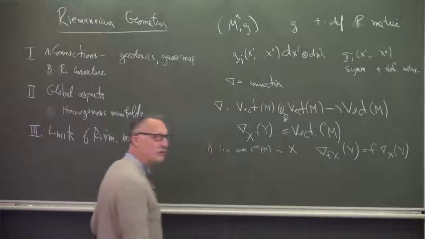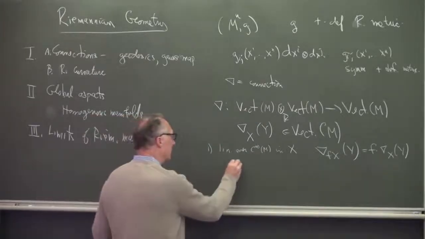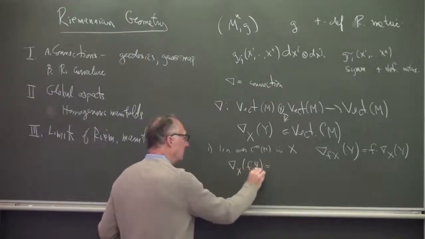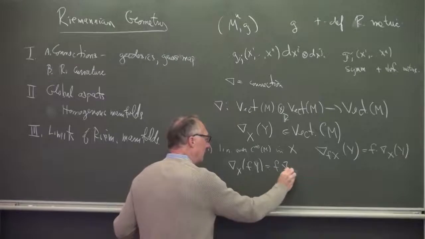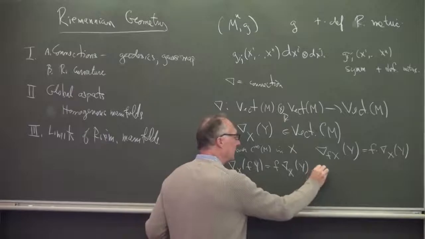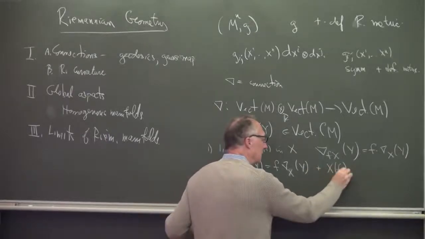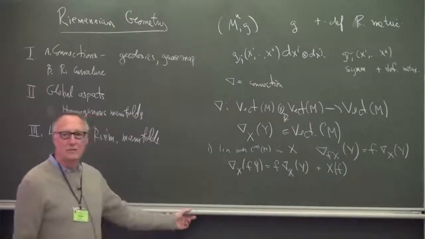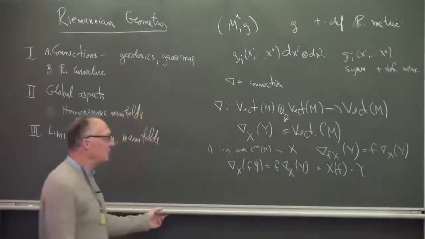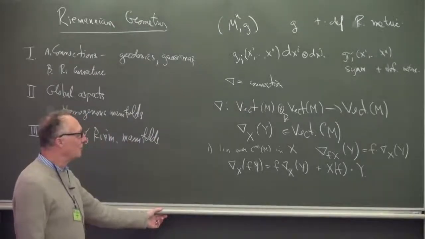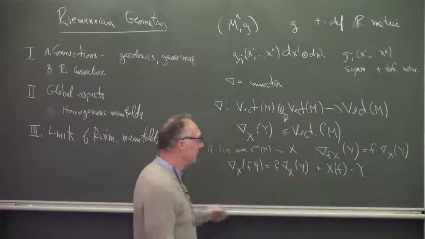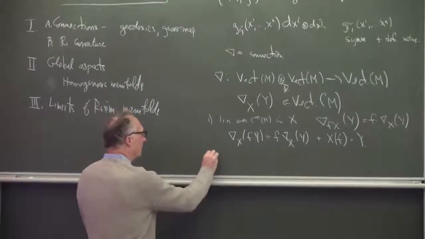It acts as a derivation over the functions in the second variable. You have the term that you would expect, linearity over the functions, but then there's a second term: the vector field acts as derivations on the functions, and then that multiplies y. So that's the derivation law in the second variable.